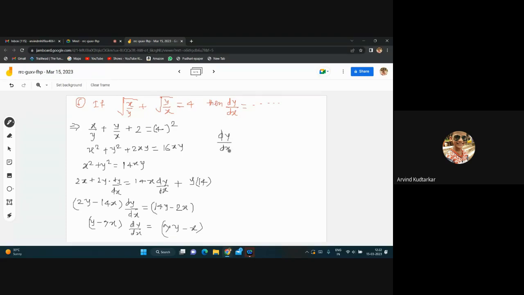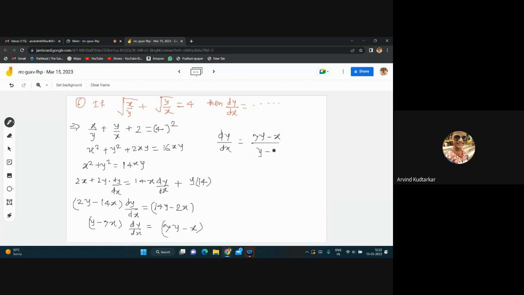Shift the factor y minus 7x to RHS. We get (7y minus x) upon (y minus 7x). So this was the correct option for this differential. So we have studied various types of examples on differential.